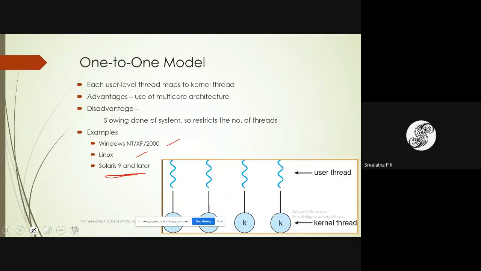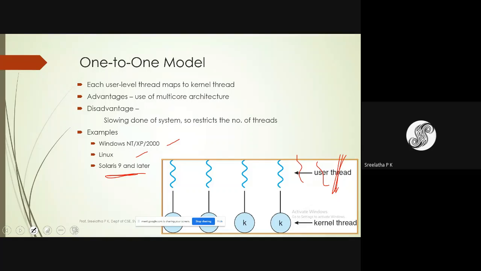So, faster execution, but as the number of user threads increases, the system slows down, as there is no limit on the number of threads which are created. There is no limitation.